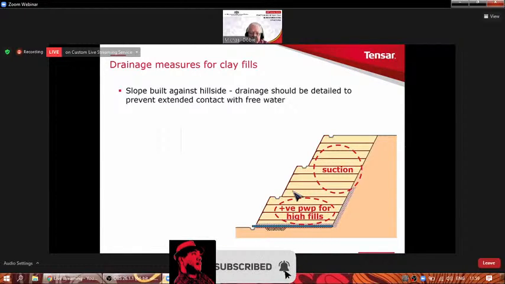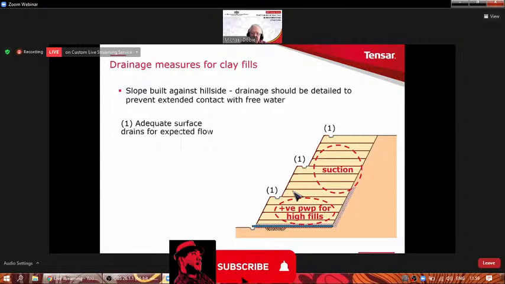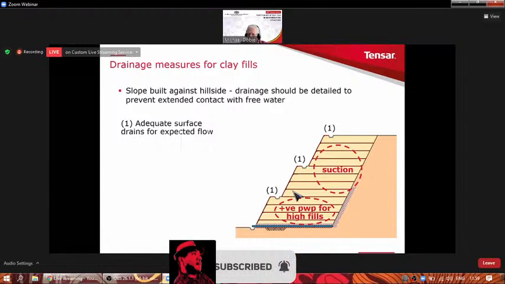And also we might have some internal flows. But the first thing is we want to design surface water drainage adequate to intercept any surface water flows, and have crossfalls and so forth to make sure that water is taken away and doesn't stand there for long periods of time, which is then able to infiltrate the clay fill.